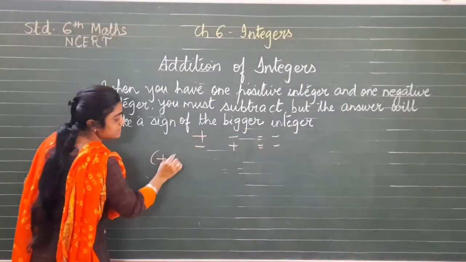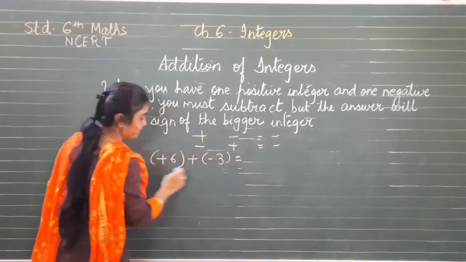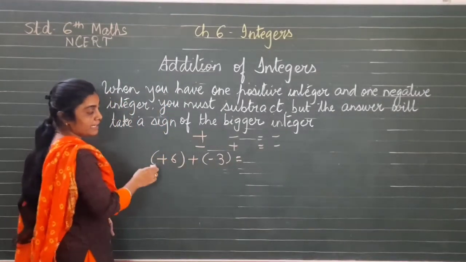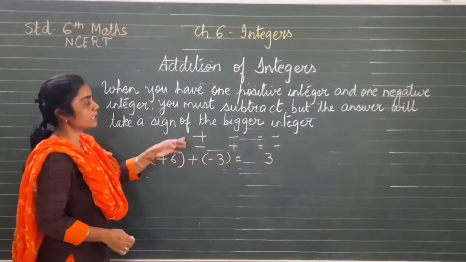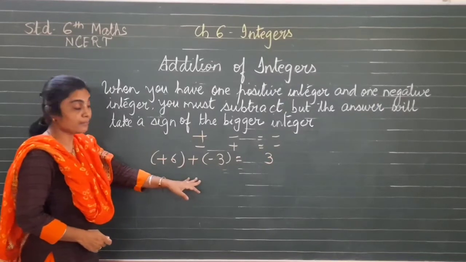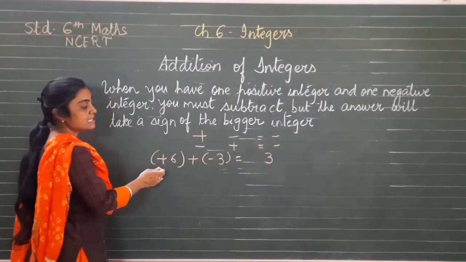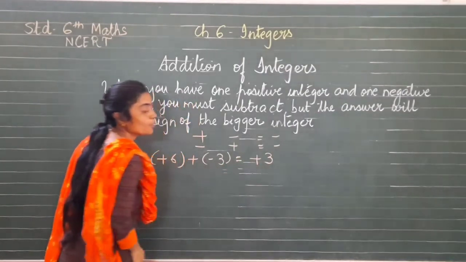Suppose plus 6 plus -3. One is positive, one is negative, so you have to subtract. 6 minus 3 is 3. And you have to keep the sign of the bigger number. Which number is bigger, 6 or 3? 6 is bigger, so the sign is plus. So you will put plus over here.